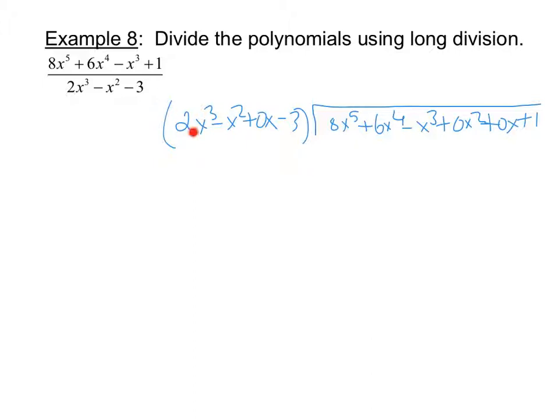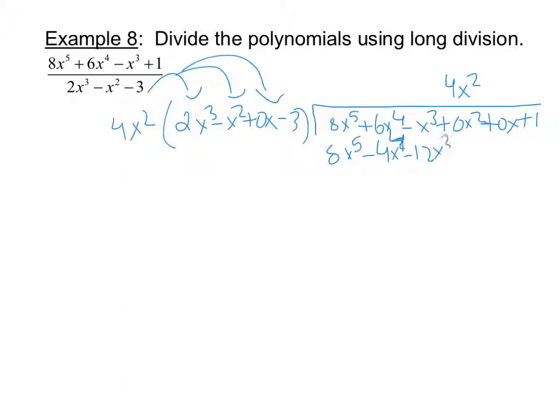So now you have to ask, what do you multiply 2x to the 3rd by to equal 8x to the 5th? 4x squared. So I'm going to line it up over the 0x squared. So that lets me know I have at most 2 more. So multiply it out. You get 8x to the 5th minus 4x to the 4th minus 12x squared.